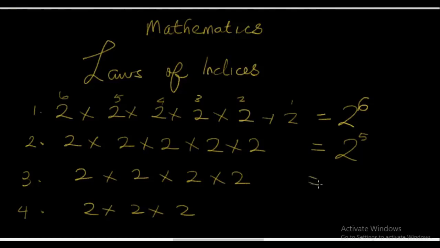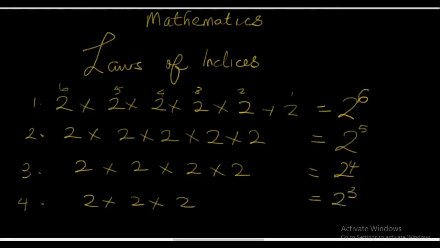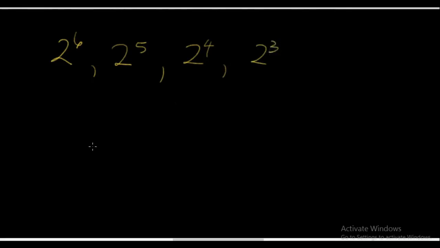This one as 2 raised to the power 4. And this last one as 2 raised to the power 3. All right, we have expressed the long arrays of 2 in the form of 2 raised to the power 6, 2 raised to the power 5, 2 raised to the power 4, and 2 raised to the power 3.